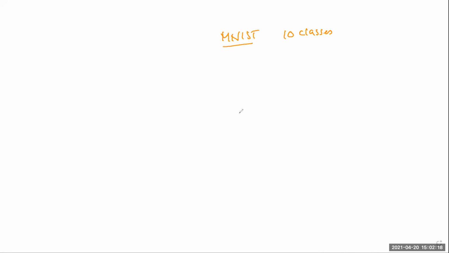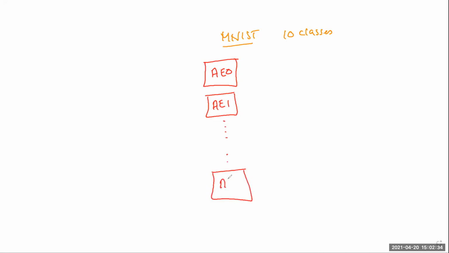Now what we do is we make 10 different autoencoders. I call them autoencoder 0, and then autoencoder 1, and so on up to autoencoder 9. So you have 10 different autoencoders. Why? Because I had 10 classes.